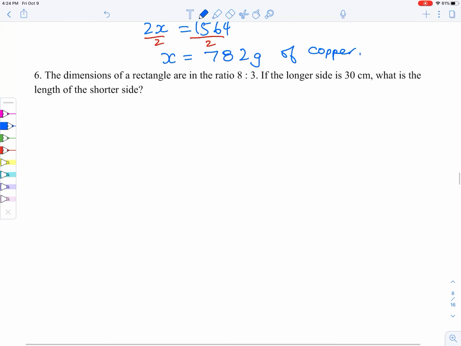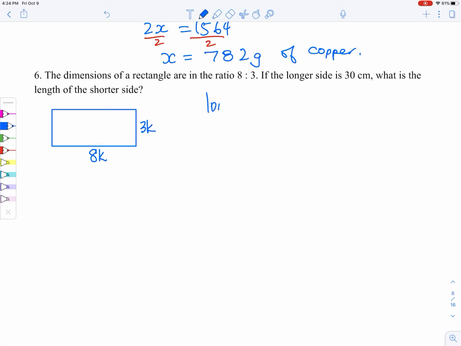Question 6. The dimensions of a rectangle are in a ratio 8 to 3. If the longer side is 30 centimeters, what is the length of the shorter side? So if we were going to draw a rectangle, we know it's in a simplified ratio of 8 to 3.